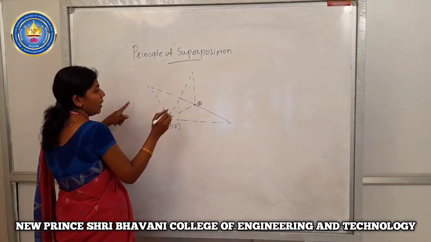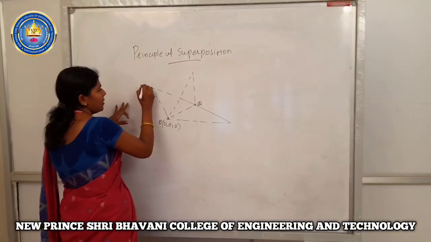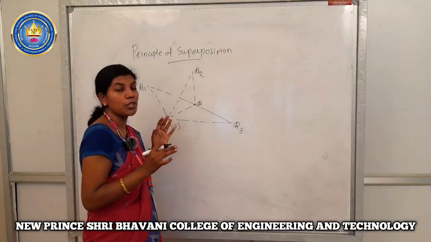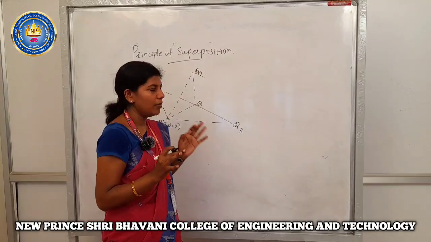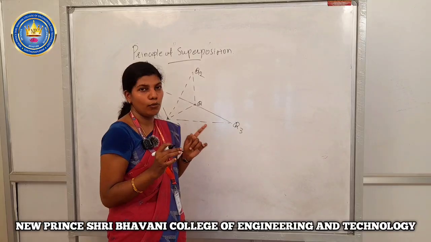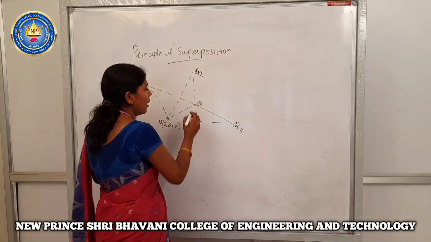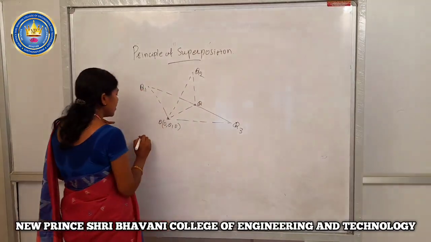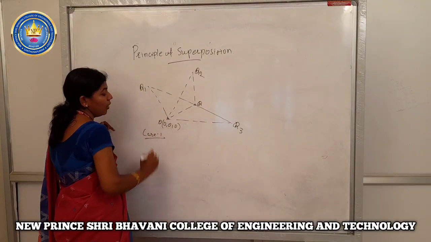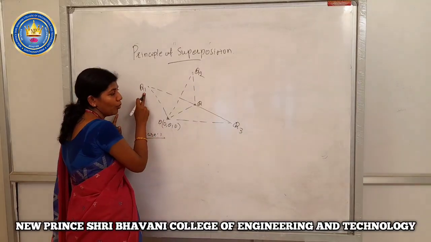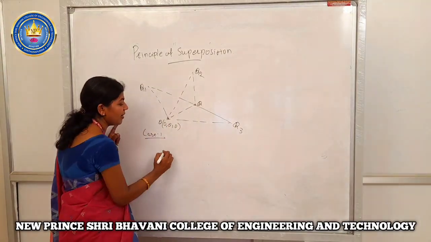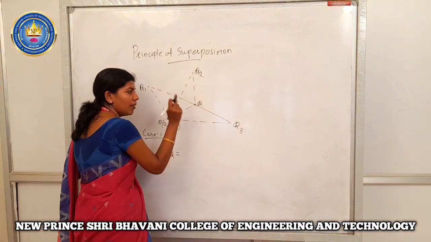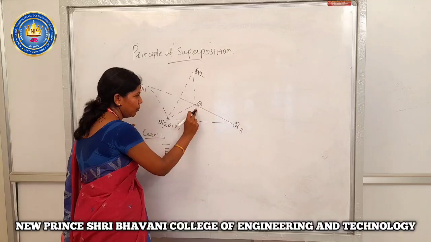Charge Q is surrounded by 3 point charges, Q1, Q2 and Q3. As we discussed before, each will exert force on one another. Now we are going to calculate the total net force on charge Q due to Q1, Q2 and Q3. First, in case 1, the force exerted by Q1 on Q is represented as F Q bar, because we calculate the force on Q due to Q1.